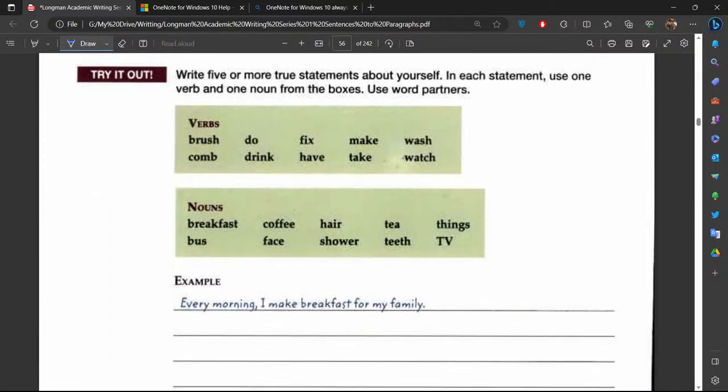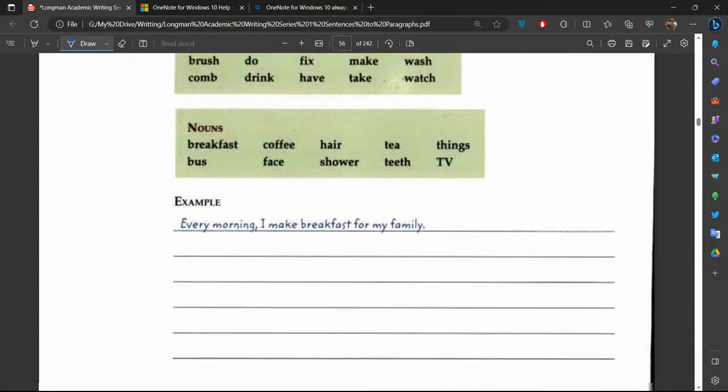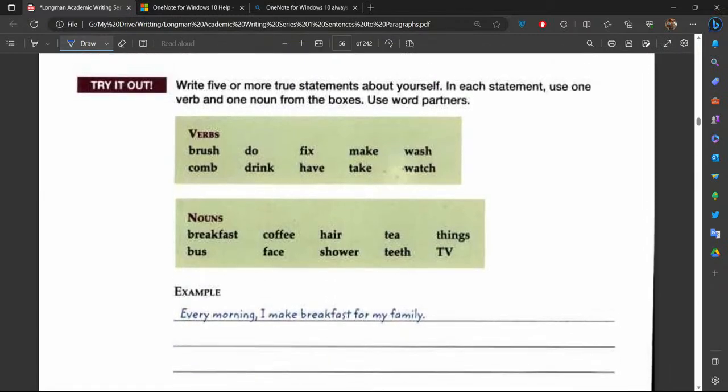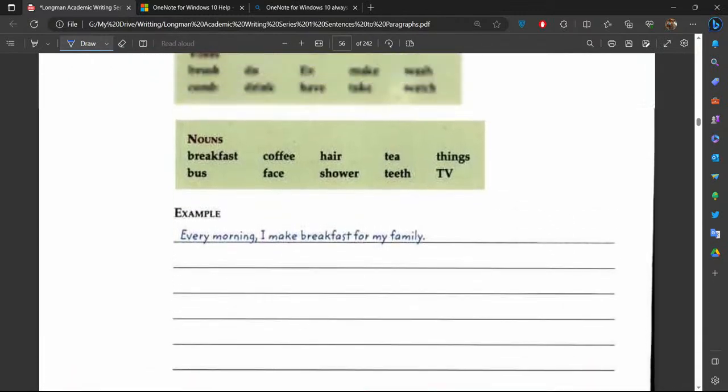The next thing is to write five or more true statements about yourself. In each statement, use one verb and one noun from the boxes. Use word partners. Okay. Every morning I make breakfast for my family. So we are supposed to write now five statements, like here we have to write.